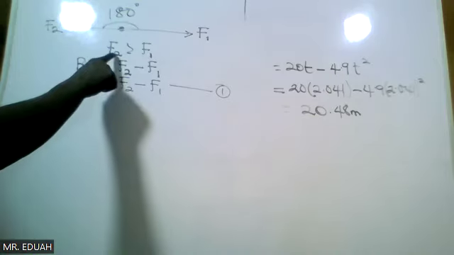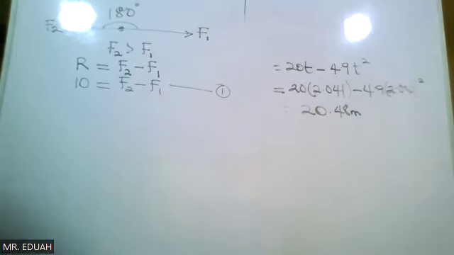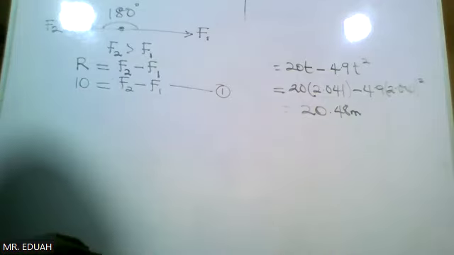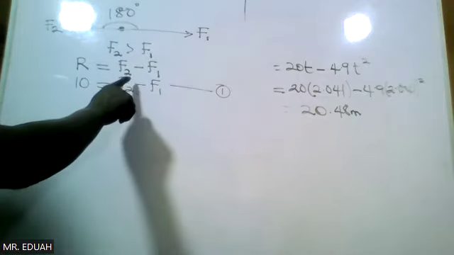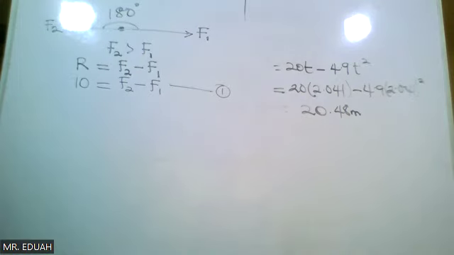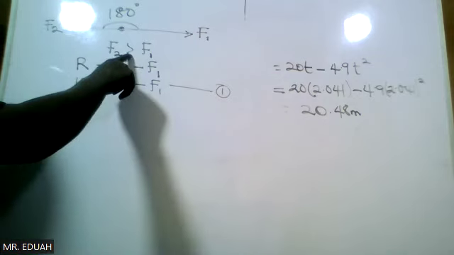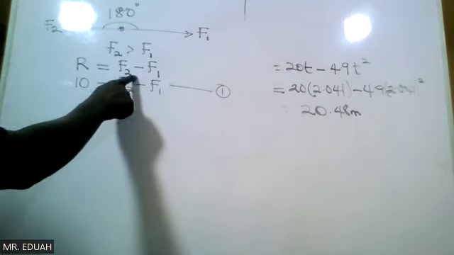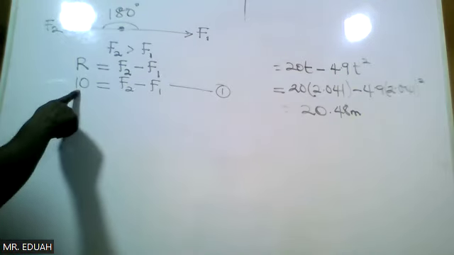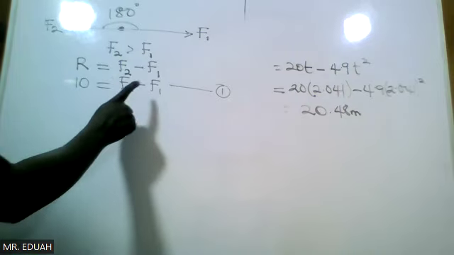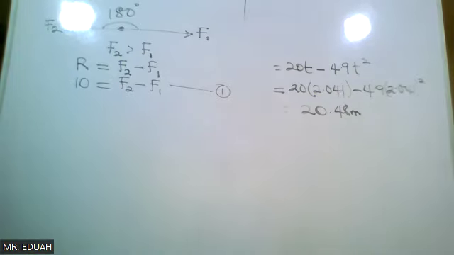So I'm assuming F2 is greater than F1. You can also assume that F1 is greater than F2 and it will still be F1 minus F2. The choice is actually yours here. But I am choosing F2 to be greater than F1. And so R is equal to F2 minus F1. Therefore, the resultant being 10 would be equal to F2 minus F1, equation 1.